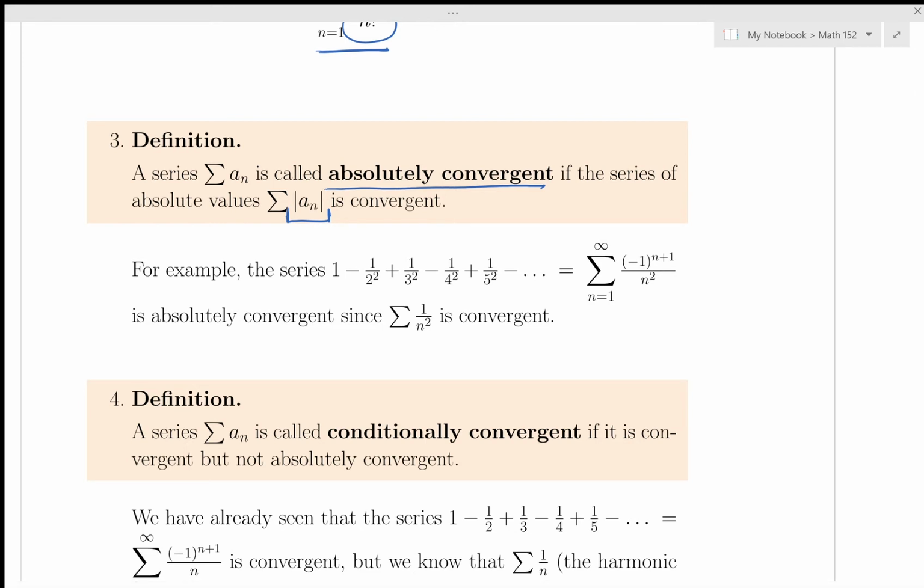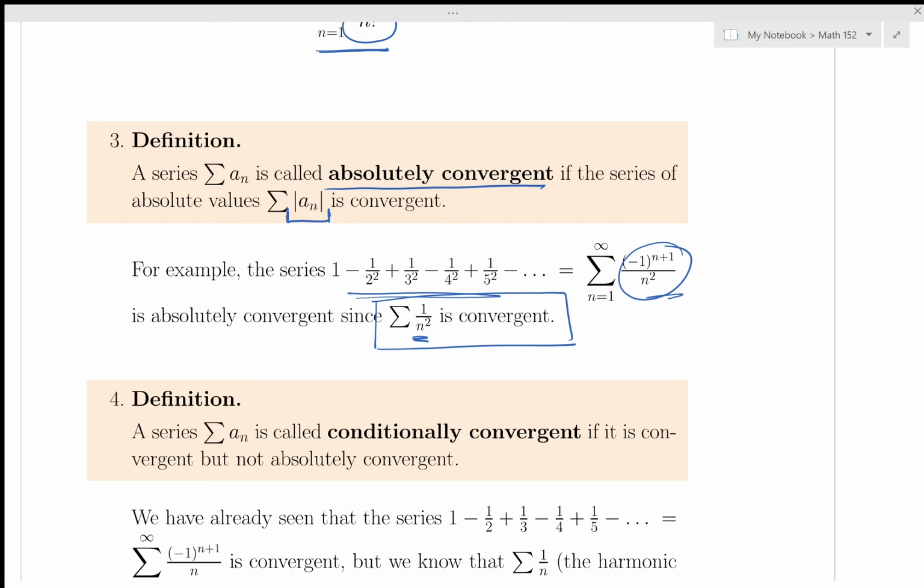So here's an example of an alternating series like that, and we write that also like that, and we call this series absolutely convergent because when I take the absolute value of this and get this, we already know that the sum of the reciprocals of the squares is convergent from earlier. So when all the terms are positive, it converges. So if I make half the terms negative, it also converges, and we call that absolutely convergent.